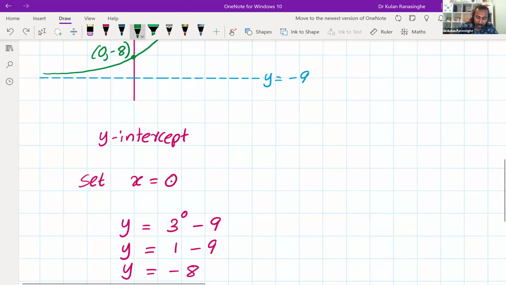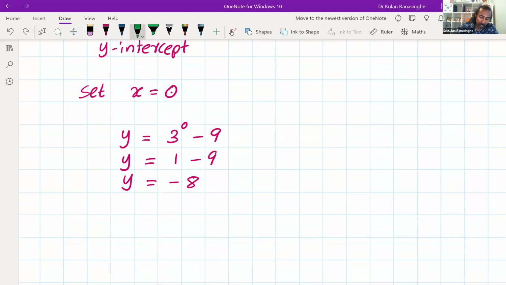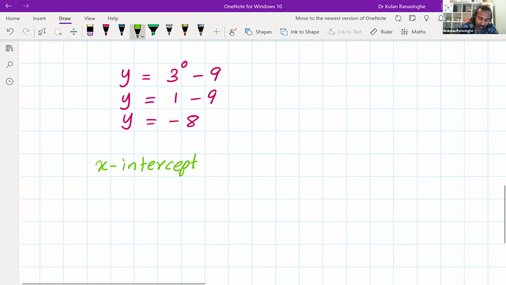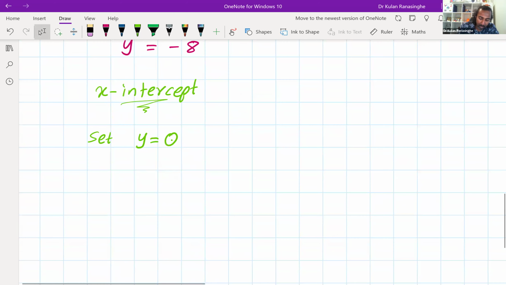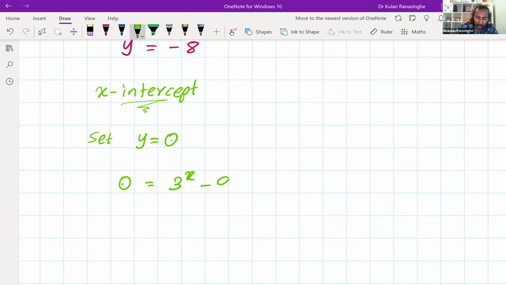Awesome. Now to find the x-intercept, we know that it's there, right here. We are going to set y to 0 and figure it out. 0 equals 3 to the x minus 9. Now it comes down to solving exponential equations. I have 3 to the x, bring the 9 to the left.